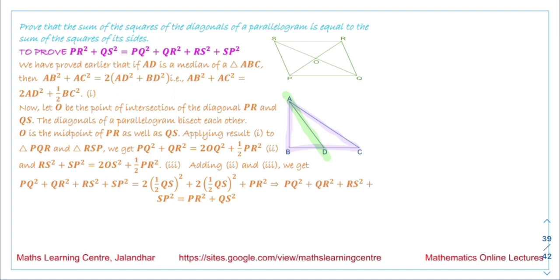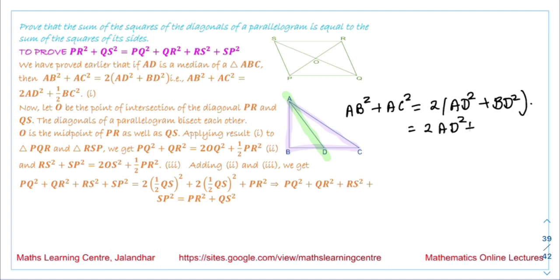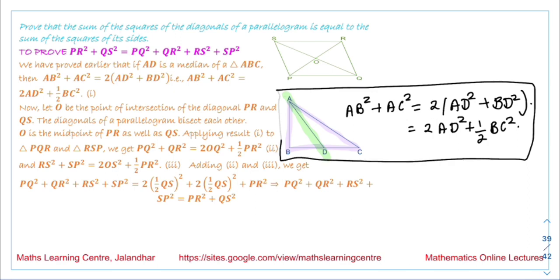Then AB square plus AC square is equal to 2 times AD square plus BD square, and this is equal to 2 times AD square plus 1 by 2 times BC square. This result for this triangle we have already proved in our previous lectures and slides.